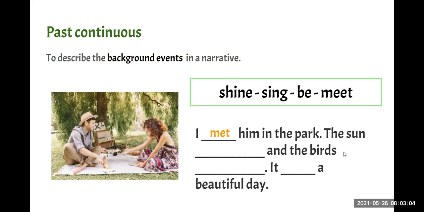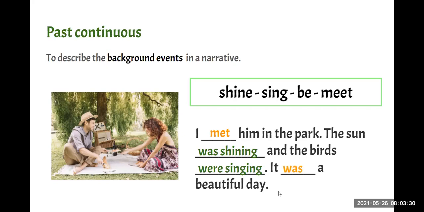The sun was shining. This is the background event. Okay, the sun was shining and the birds were singing. Very good. It was a beautiful day.